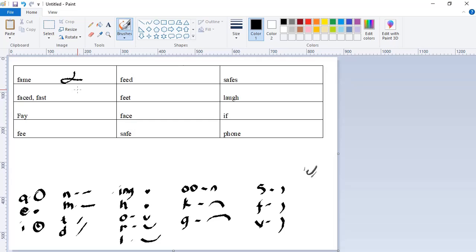Okay. So, ma'am, why are faced and fast written the same? The A sound in these words has the same stroke, which is the big circle. Now, ma'am, faced ends with D. Okay? You write what you hear.